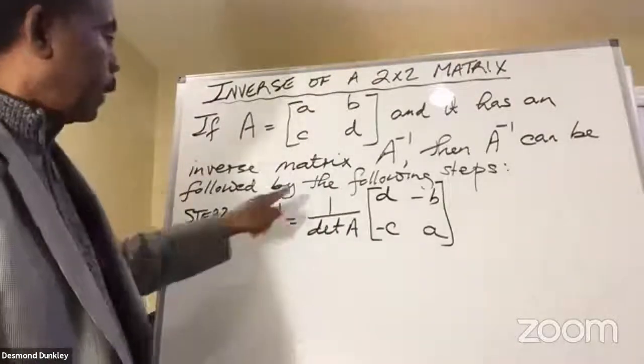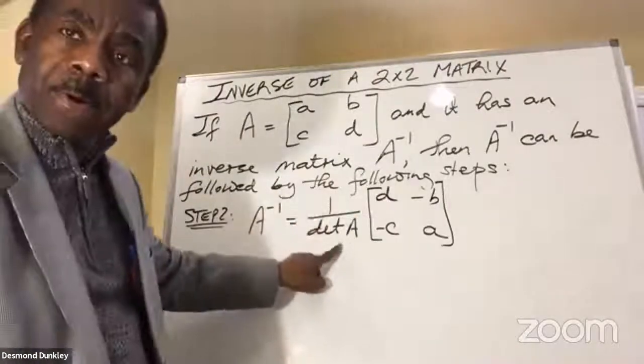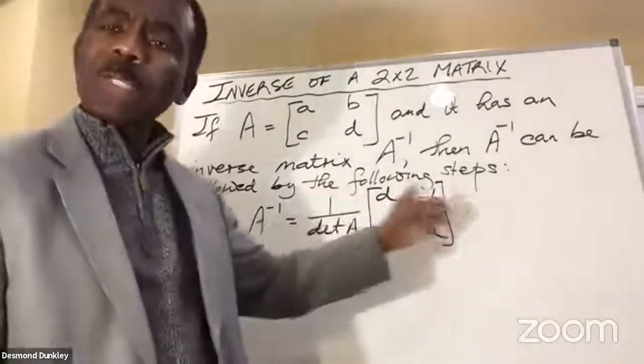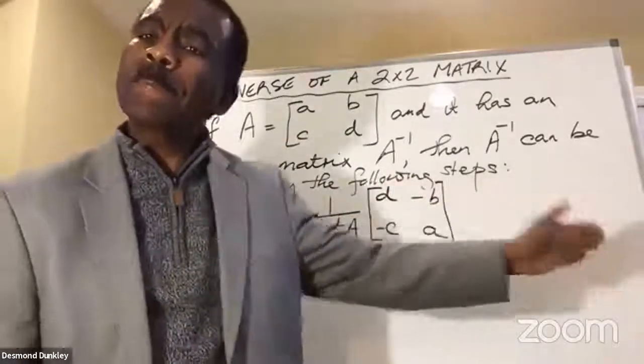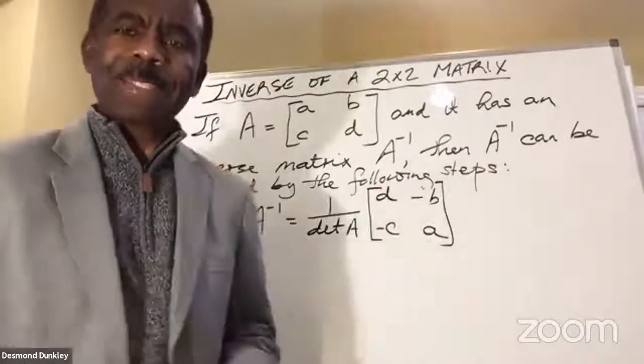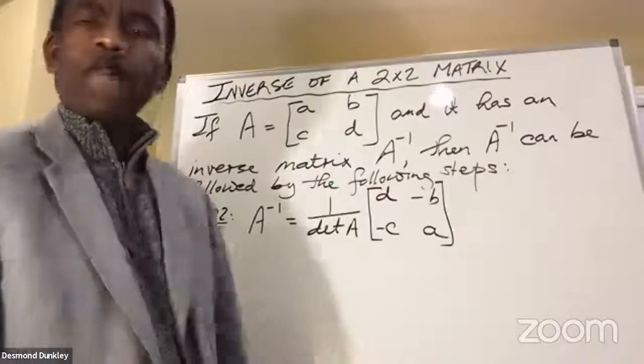Now the determinant of A is a number, so it's 1 over that number times each entry. So this is a scalar multiple of this version of the matrix. Okay? And that would be your answer.